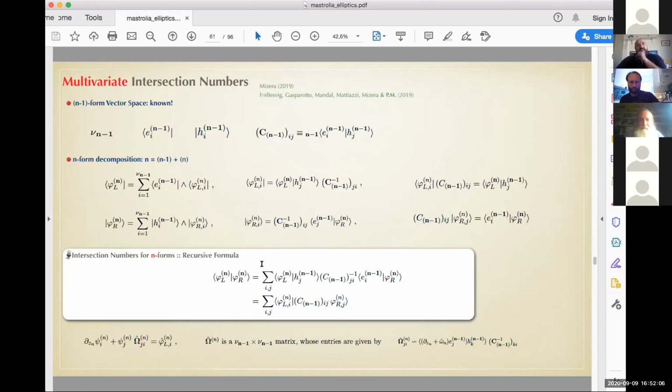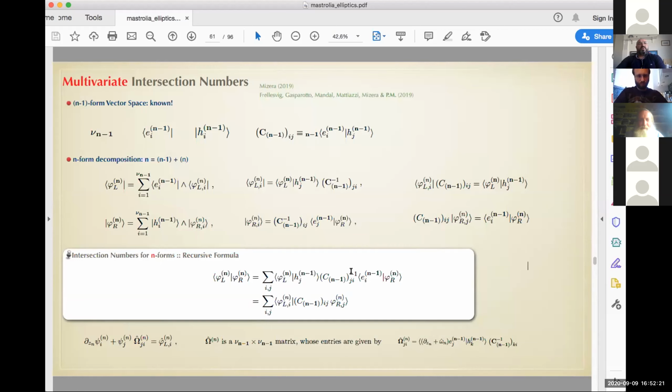And nicely enough, you can see here that starting from the intersection number for an n form and inserting here the identity resolution for the n-1 level in between the two forms, and using the projection formula in the n-1 form, one can obtain the intersection number for the n form out of univariate intersection numbers recursively.